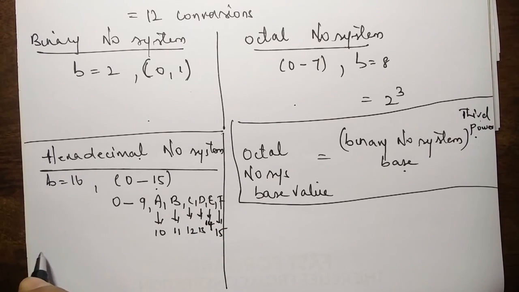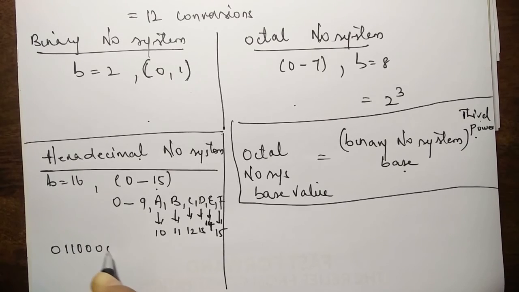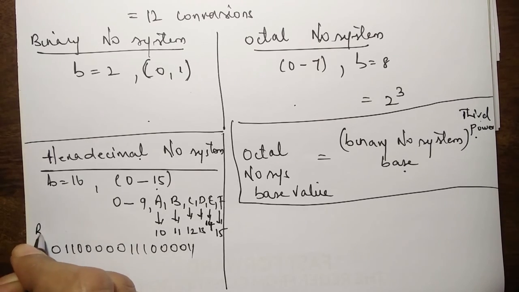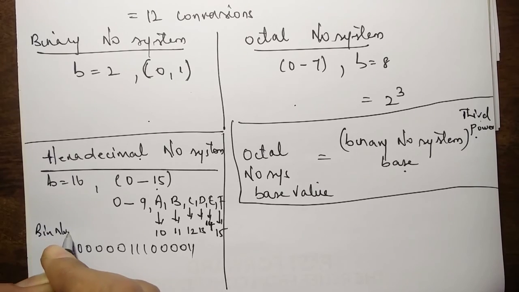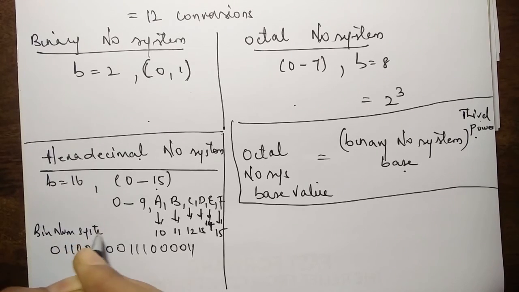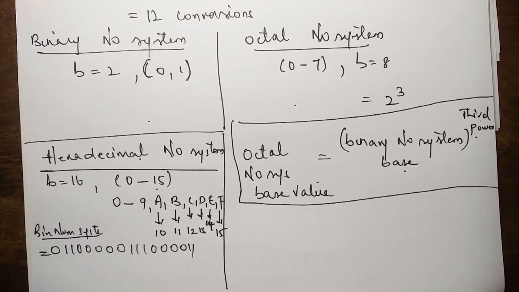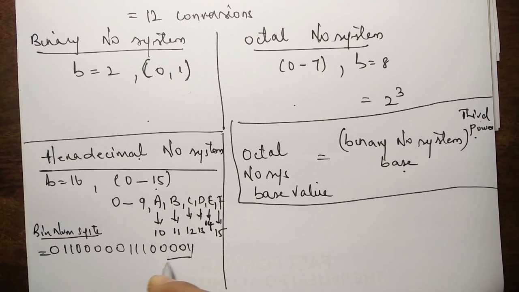So for example, if a binary number becomes like this, this is a code in the binary number system. But this code becomes too big to read. So how will we use hexadecimal? We will reduce it by grouping it into 4 bits and writing it in hexadecimal.